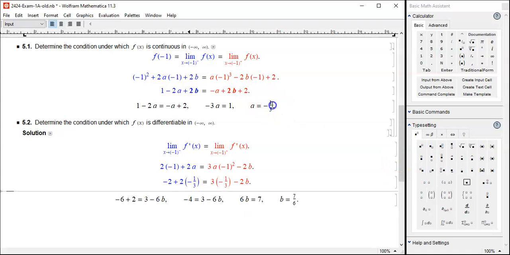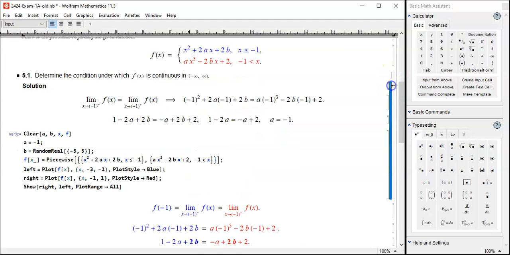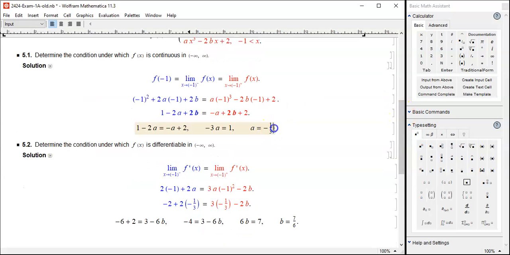I think there was an algebra mistake here. A should be negative 1, and I get negative 1/3. So obviously there was a mistake somewhere. Let me see. Yeah, here, if I flip this one over to the other side, I don't get negative 3a, it's just negative a.